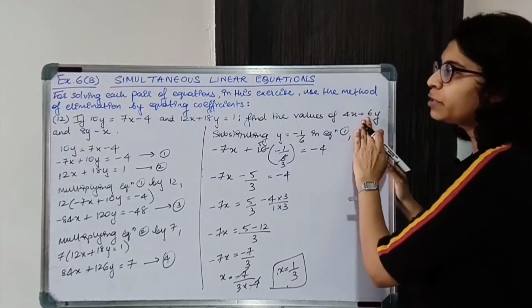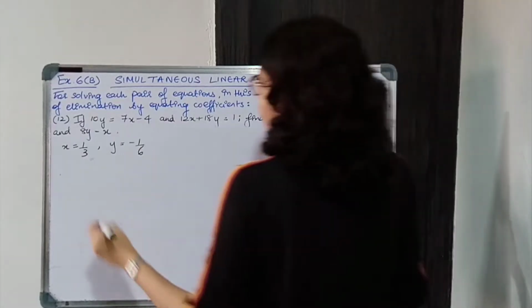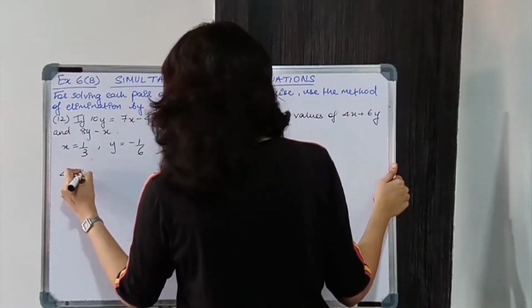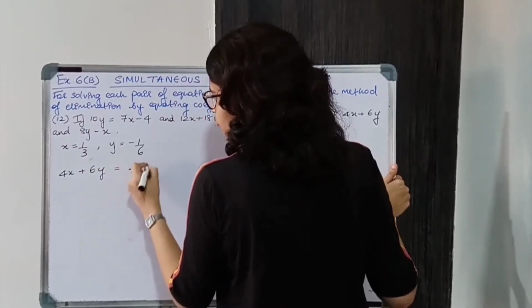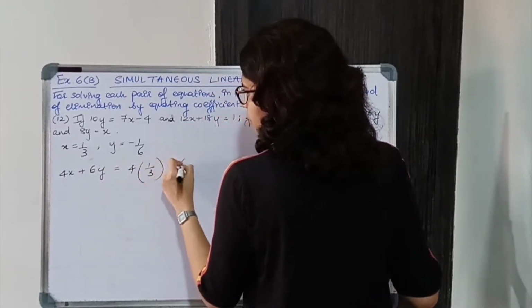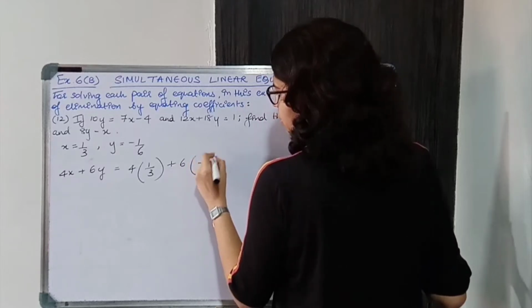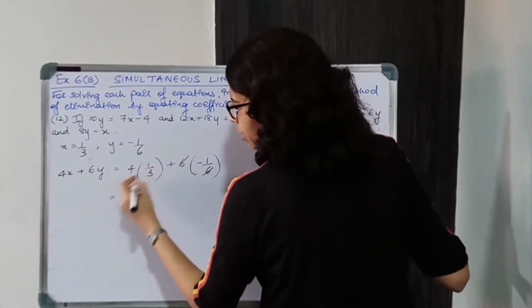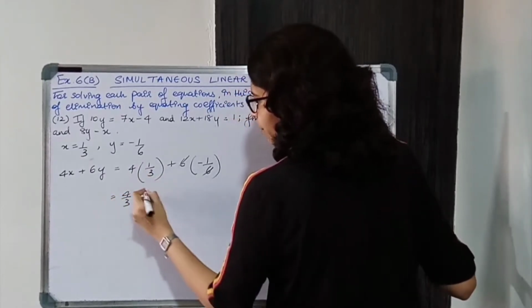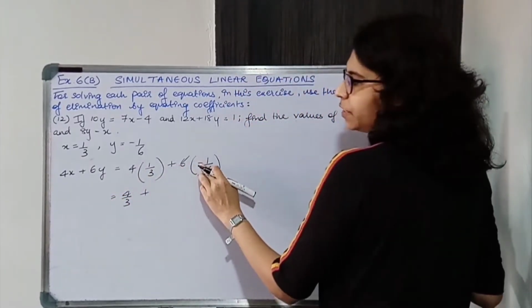Now we'll substitute in these two. Now we have to find the value of 4x plus 6y. So that is 4 into 1 by 3 plus 6 into minus 1 by 6. So your 6 will get cancelled and यहाँ पे 4 by 3 हो जाएगा. And here we have minus 1.